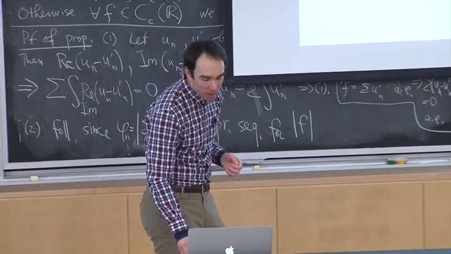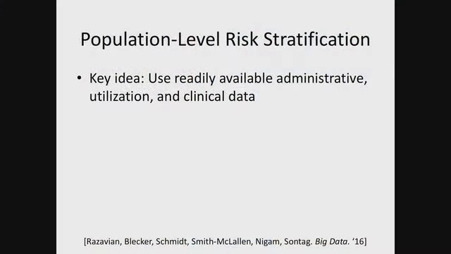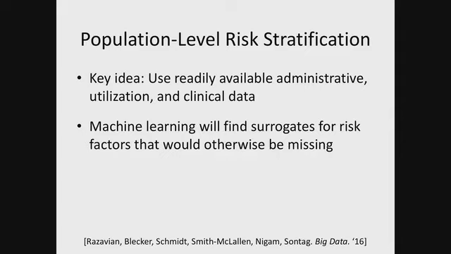So what we will be thinking through is, can we change the way in which risk stratification is done? Rather than it being something manually done when you think to do it, we can make it population-wide. We could, for example, take data that's already available from a health insurance company and use machine learning.